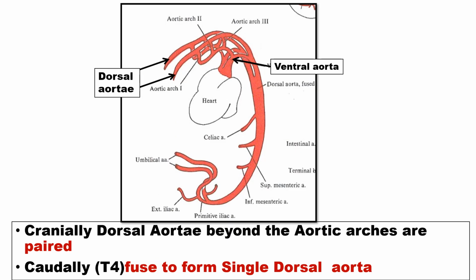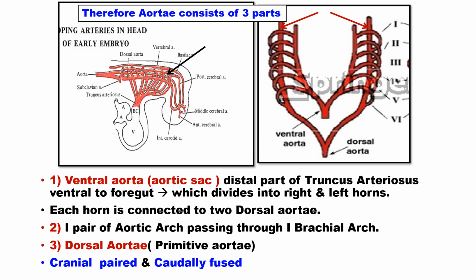Cranially, the dorsal aortae beyond the first pair of aortic arches are paired. Caudally, at the level of T4, they fuse to form a single dorsal aorta, which later forms the descending aorta.